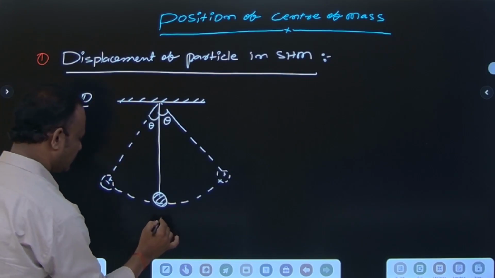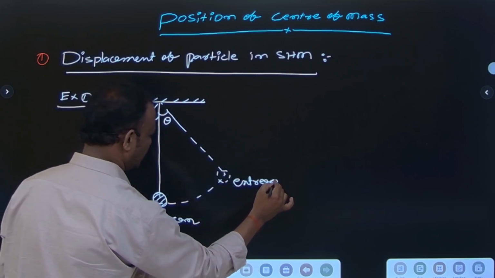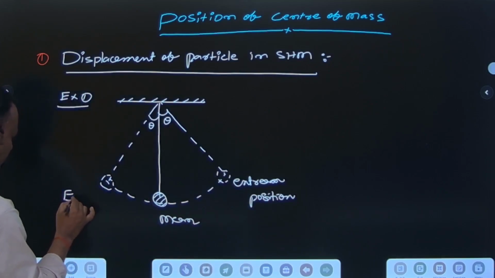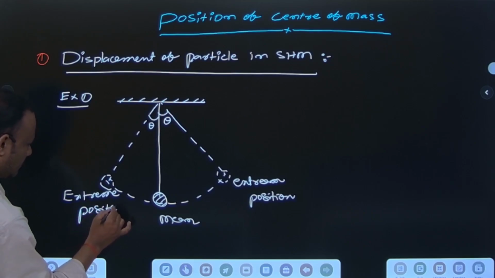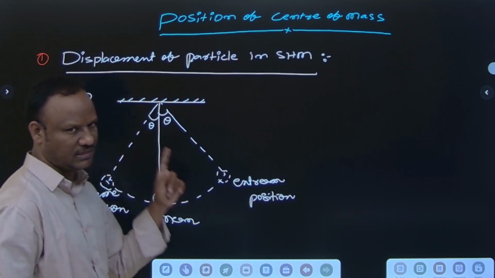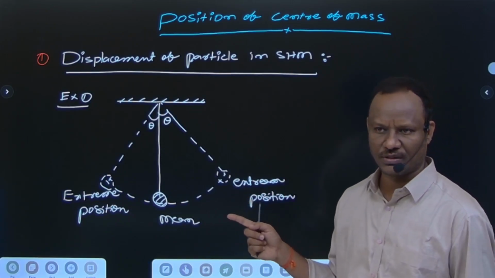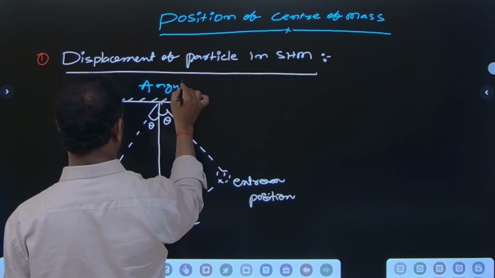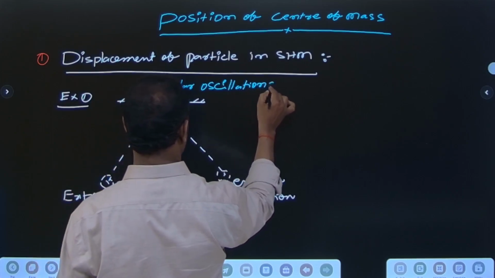This is the mean position, and these are the extreme positions. Since it makes an angle theta, we can say these are angular oscillations. It is an example for angular oscillations.